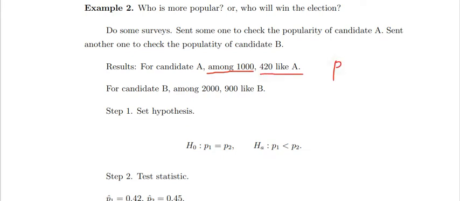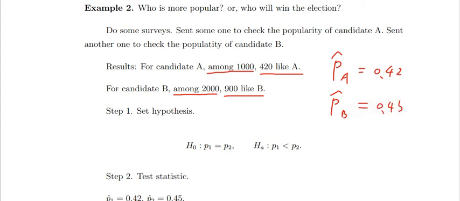So the proportion for candidate A is thus 42%. And for B, we check 2,000 people, find 9 people like B. So we find the percentage for B is 45%.